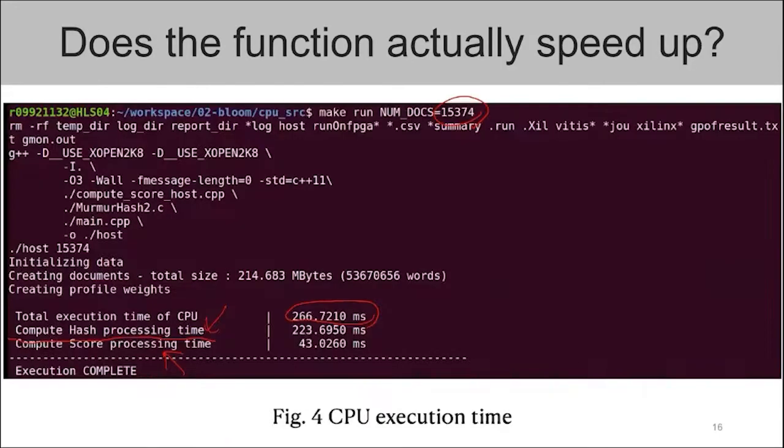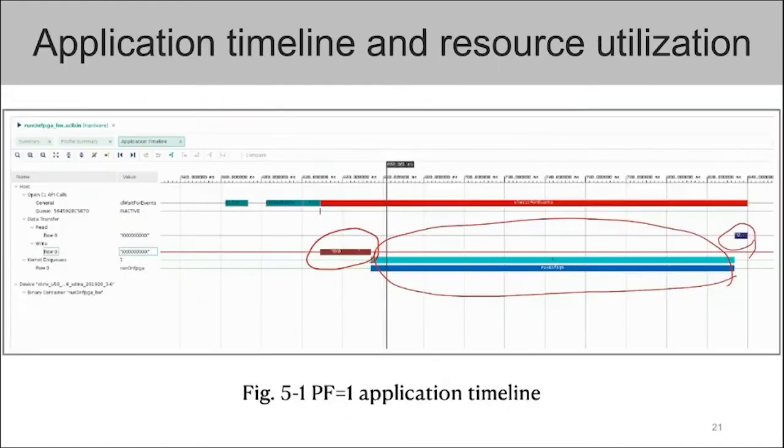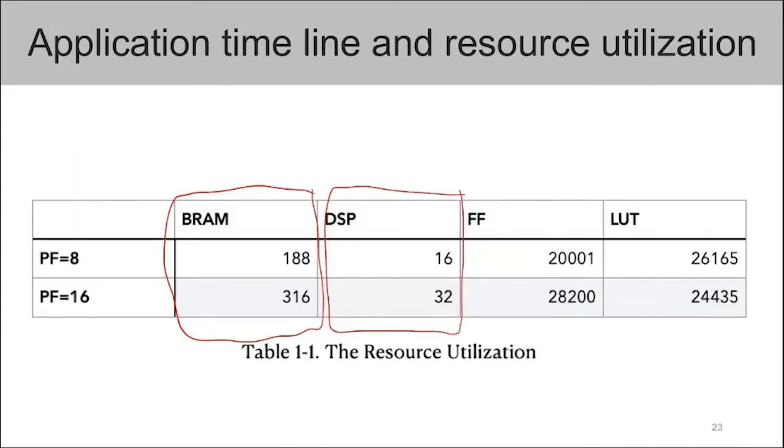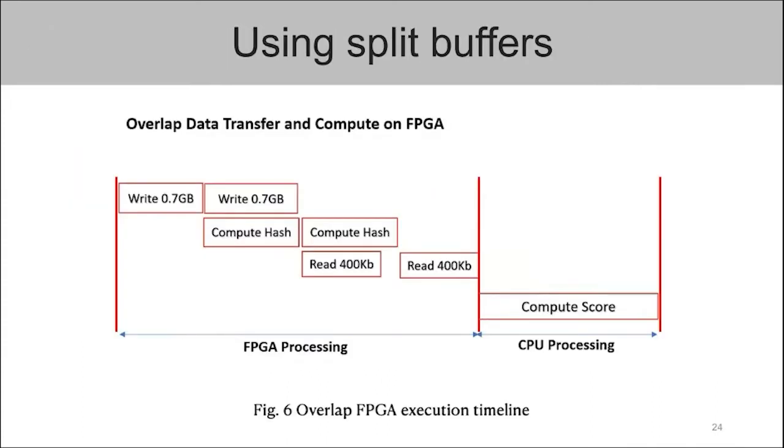So what if we create 2 split buffers here? First, we write the upper half document, and we tell the FPGA, okay, go compute this upper half. So it starts, and in the meantime, I write the lower half document here, right?